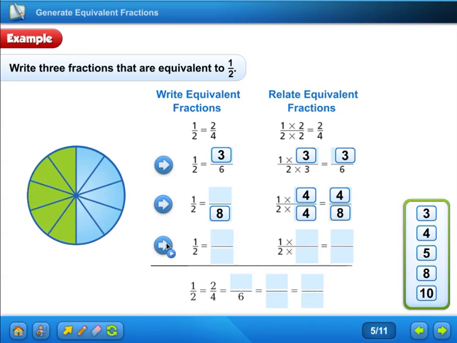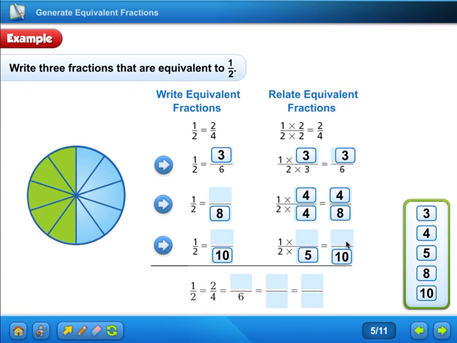Let's do one more. How many total pieces are there? 1, 2, 3, 4, 5, 6, 7, 8, 9, 10. There are 10 total pieces. So I'm going to put 10 down here. And I'm going to think, 2 times what equals 10? 2 times 5 equals 10.